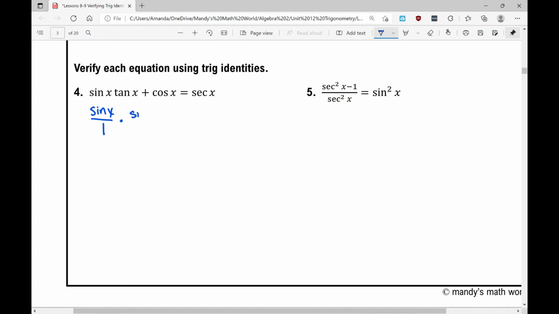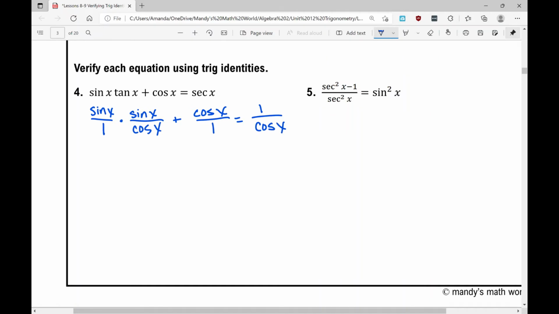That's sine x over cosine x plus, and then we have cosine x over here. Well, that's cosine x over 1 equals secant x. Could I rewrite that in terms of sine and cosine? Secant x is the reciprocal of cosine, so I can rewrite that as 1 over cosine.